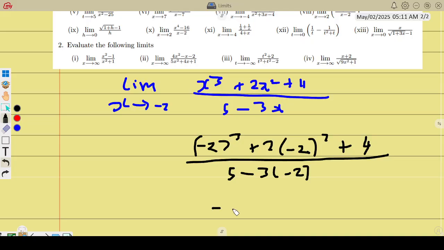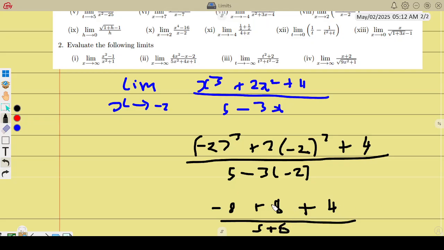So this is negative 8 plus 4 times 2, it's 8, plus 4, over 5 plus 6.